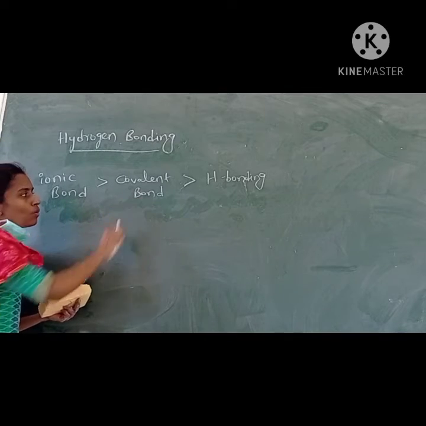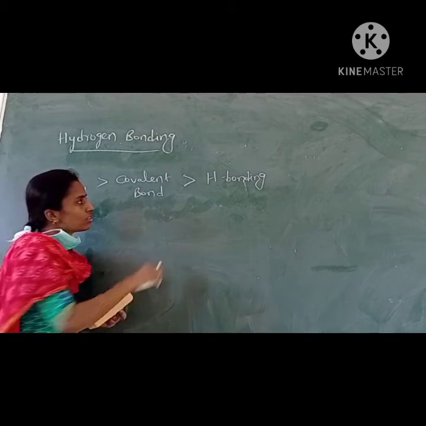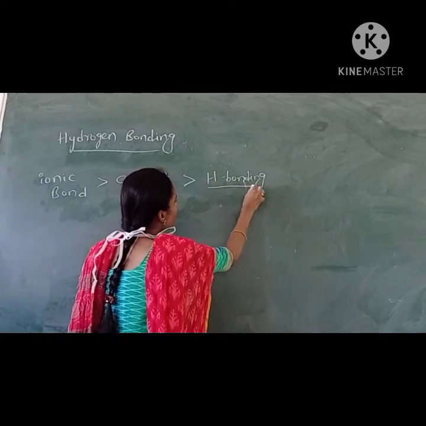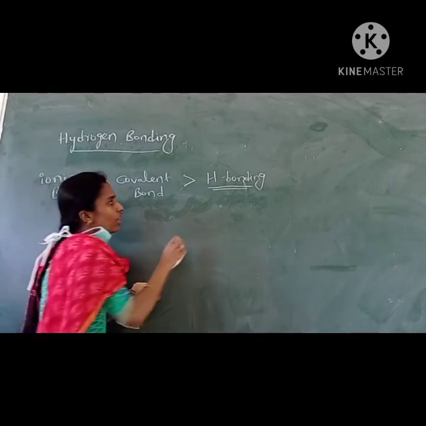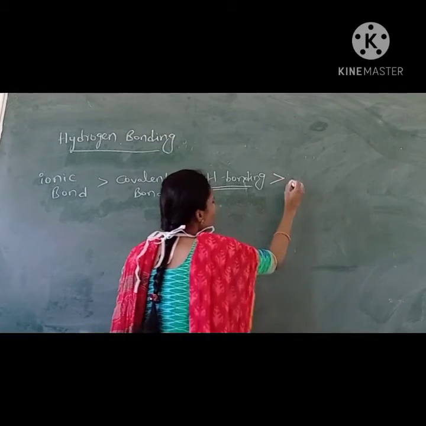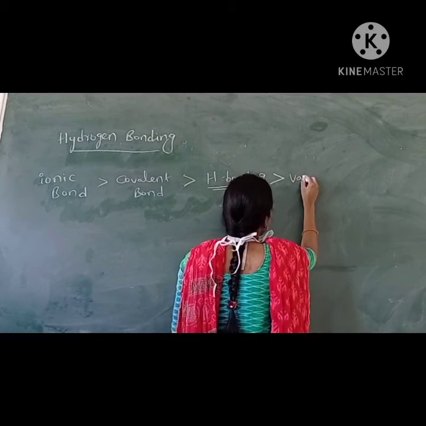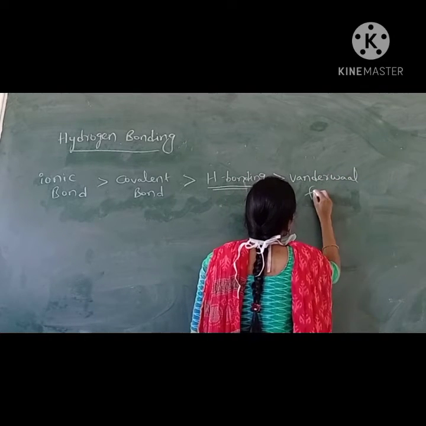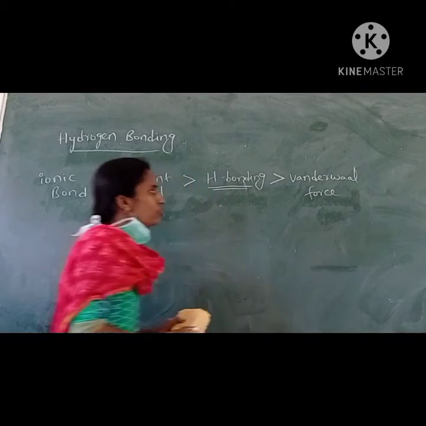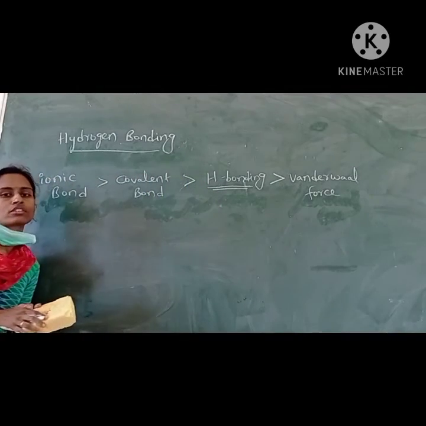Next is the covalent bond, with sharing of electrons. Hydrogen bonding is weaker than covalent and ionic bonds, but somewhat stronger than van der Waals force. This is the order of strength of bonds.